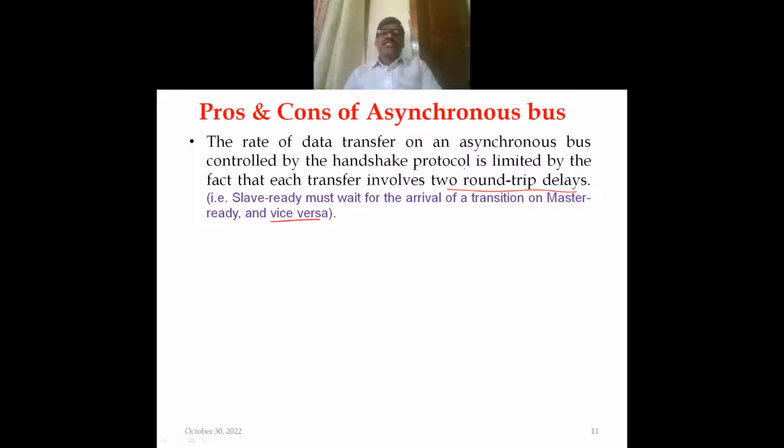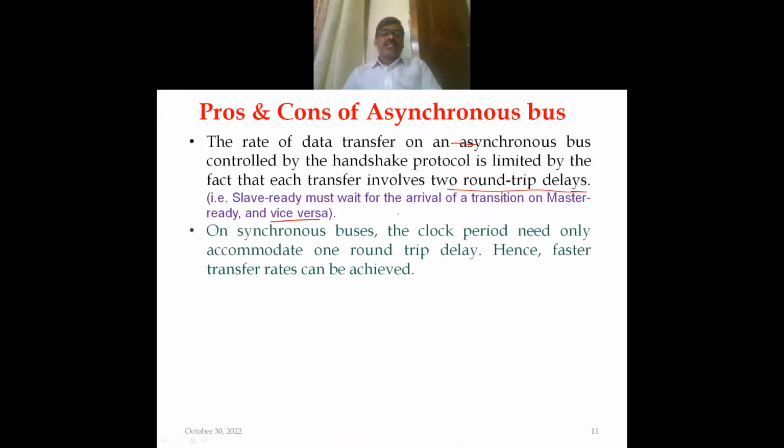So two round trip delays are introduced in this asynchronous data transfer. On synchronous buses, the clock period need only accommodate one round trip delay. Hence, faster data rates can be achieved in a synchronous bus compared with the asynchronous bus.